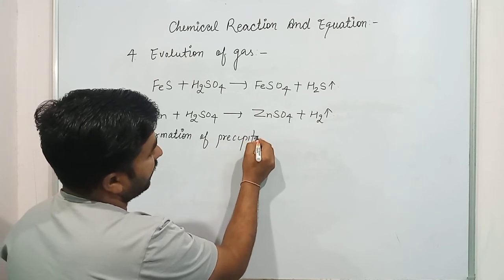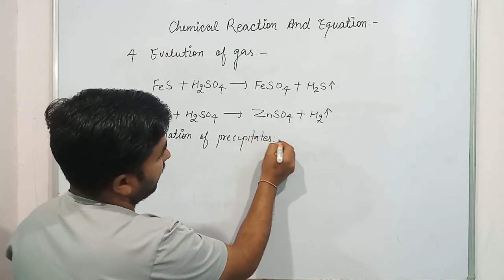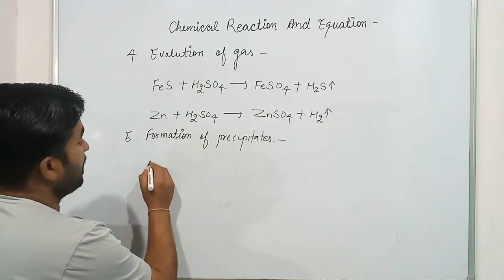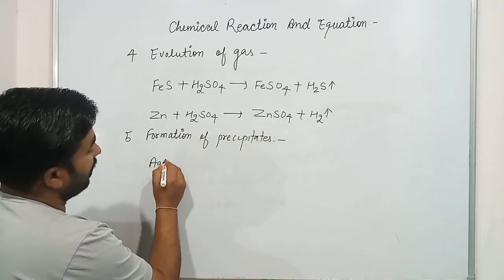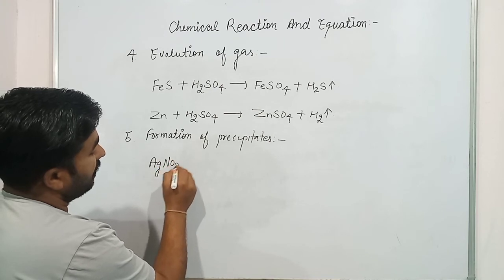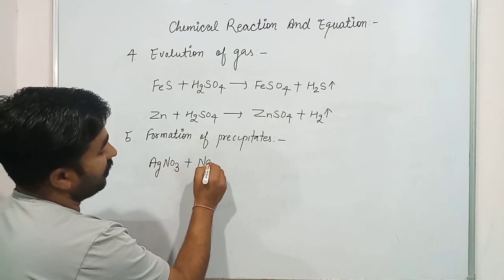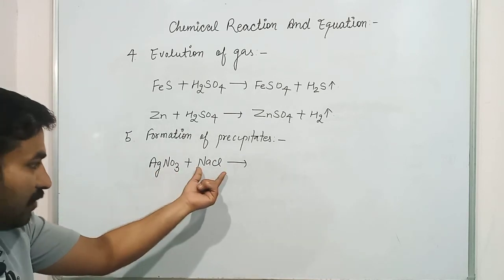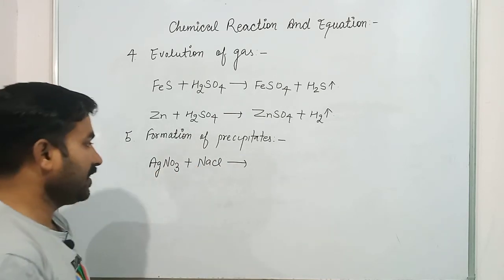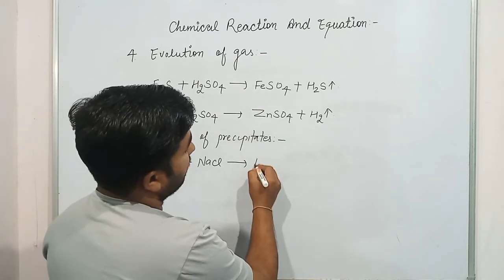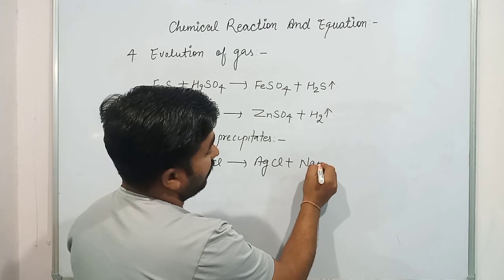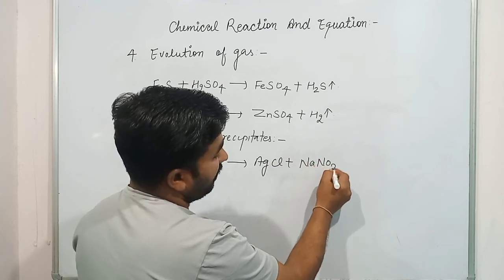In this type of chemical reaction, we have one example, and that is silver nitrate and sodium chloride. If we put sodium chloride in the silver nitrate solution, then we get silver chloride, and sodium nitrate will be formed here.